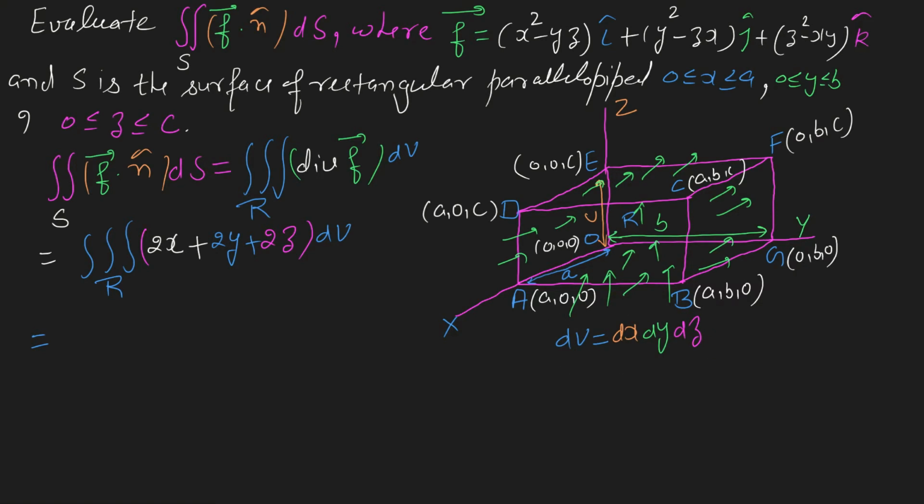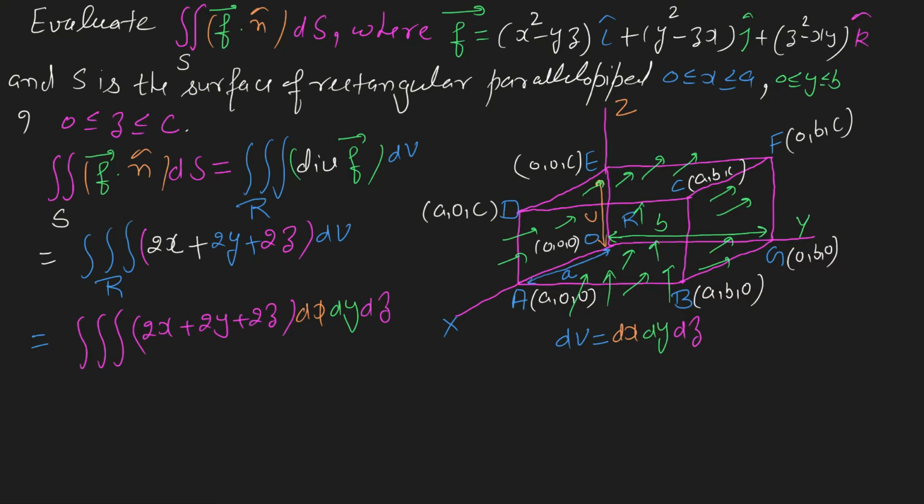So now I'm going to put the limits, dv is equal to dx dy dz. So this will be 2x, 2y, 2z, and this will be dx, dy, and dz.